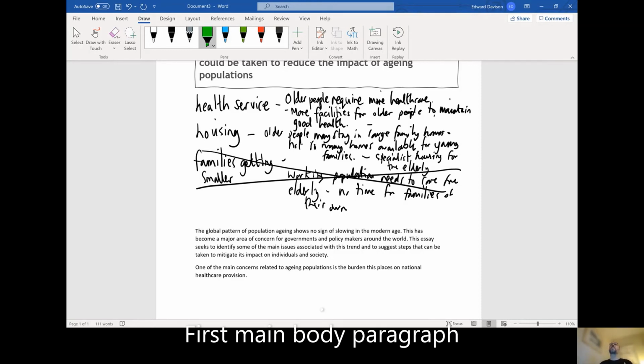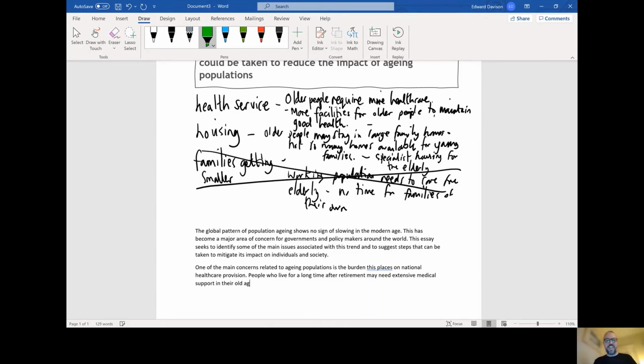And remember, we're going to use cause and effect language here as much as possible. People who live for a long time after retirement may need extensive medical support in their old age.